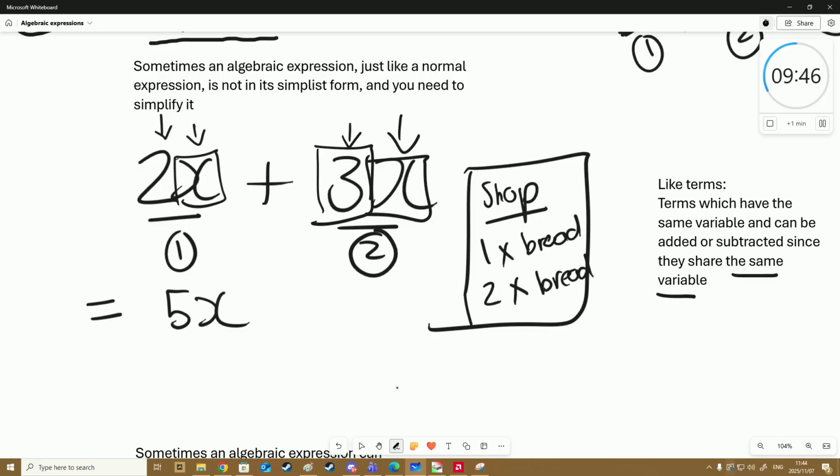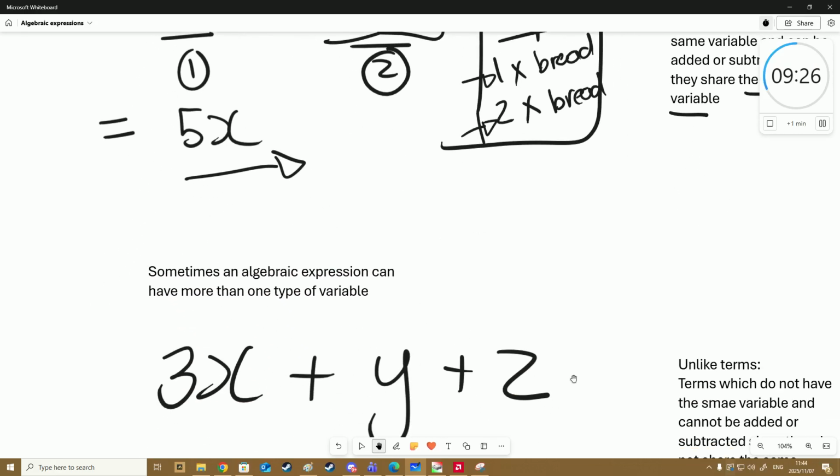That's right, it's 3. 1 loaf of bread plus 2 more loaves of bread gives us 3 loaves of bread. So if we say x is equal to loaves of bread, we can say 2 breads plus 3 breads gives us a total of 5 breads. The only reason we can do this is because our variables are the same.